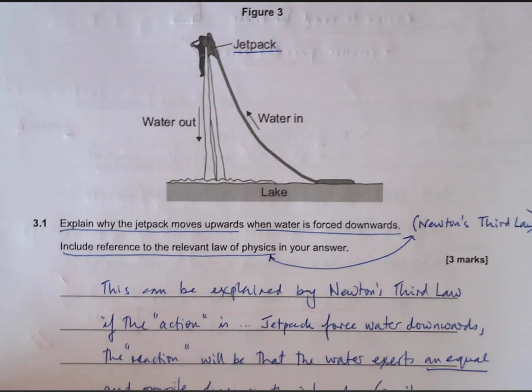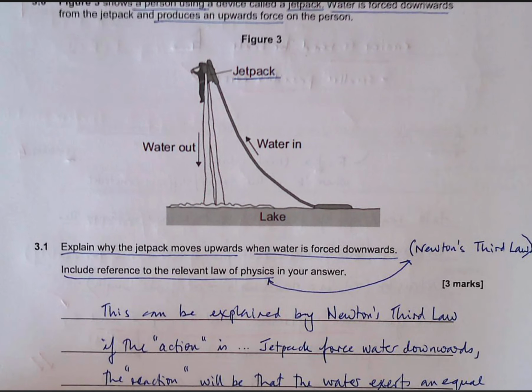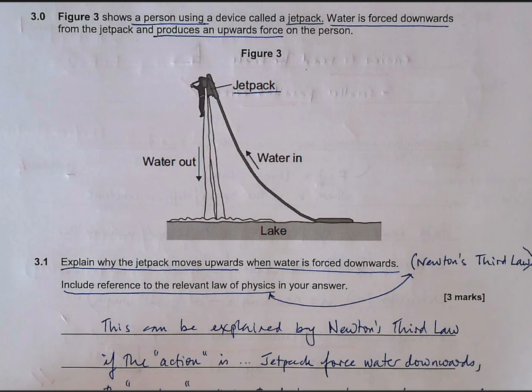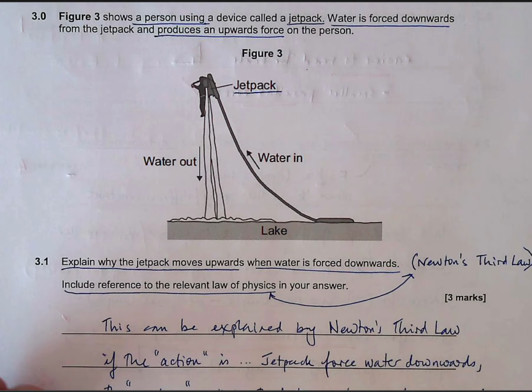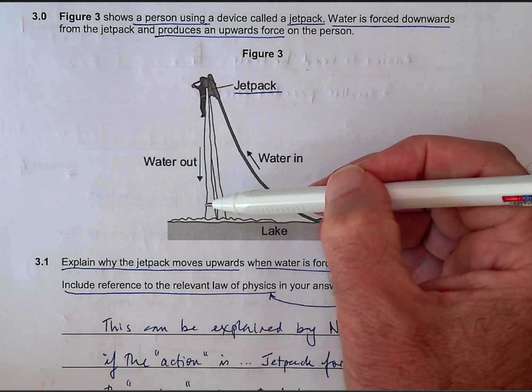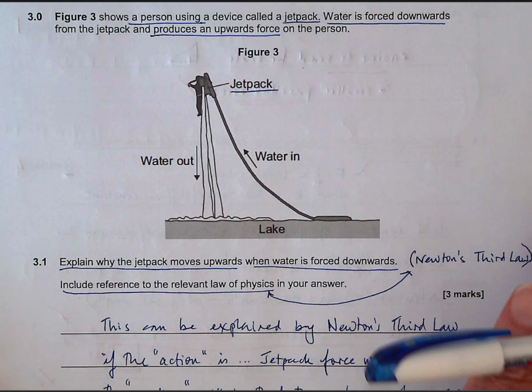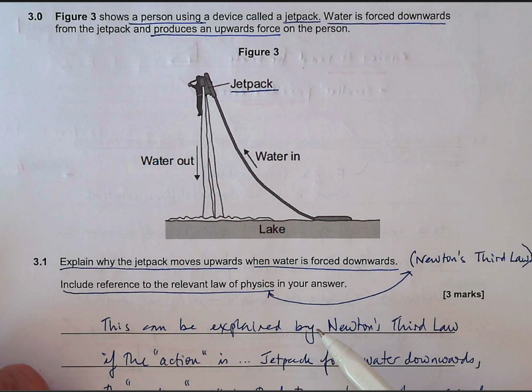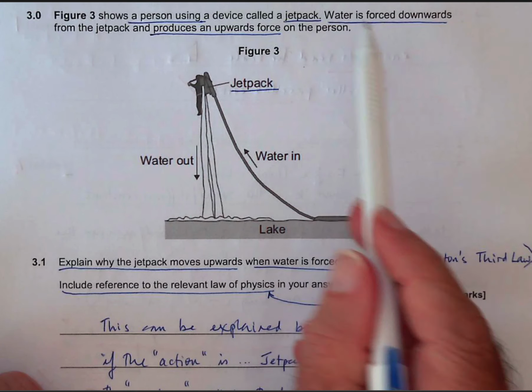You've probably seen these at some point, and it says figure 3 shows a person using a device called the jetpack. Water is forced downwards, so the water is fed from the machine, so it sucks water in here, it then forces it out, so it's a bit like a rocket. So my students actually did an experiment with rocket power, and they know that this is to do with Newton's laws.